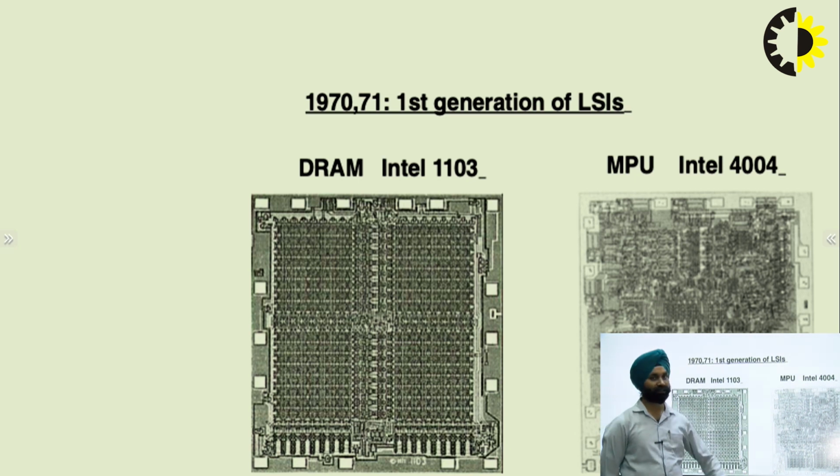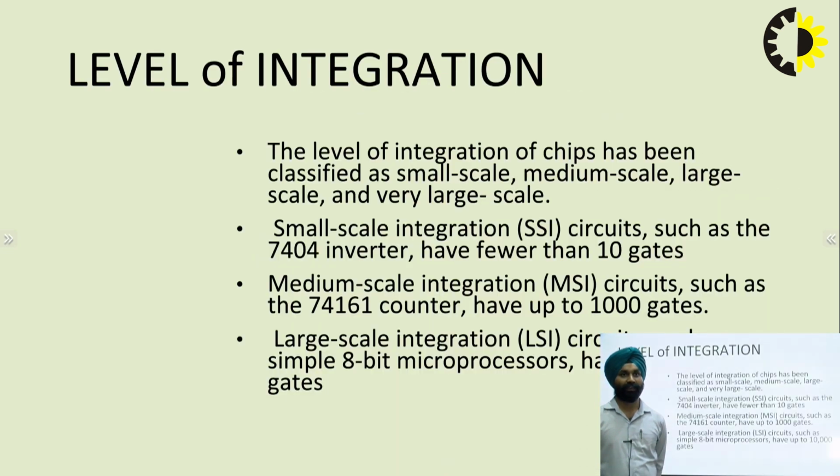Similarly, this microprocessor has more than 1,000 transistors in this IC. So with this increase in the number of devices per unit area, we can divide the level of integration in an IC.